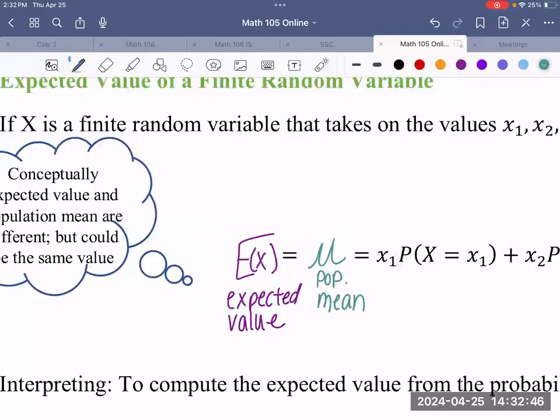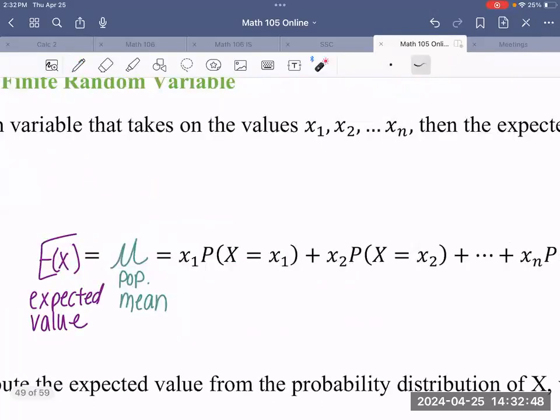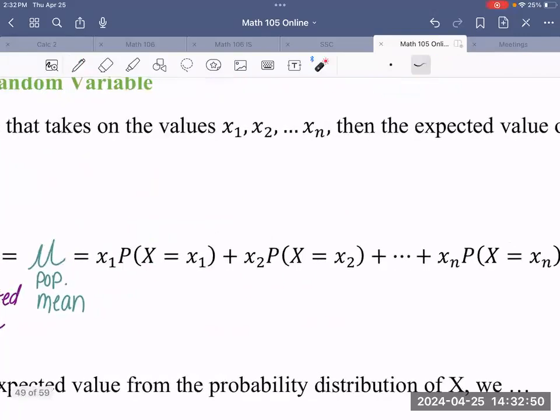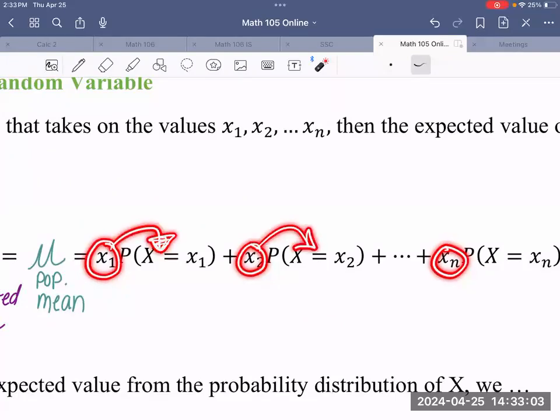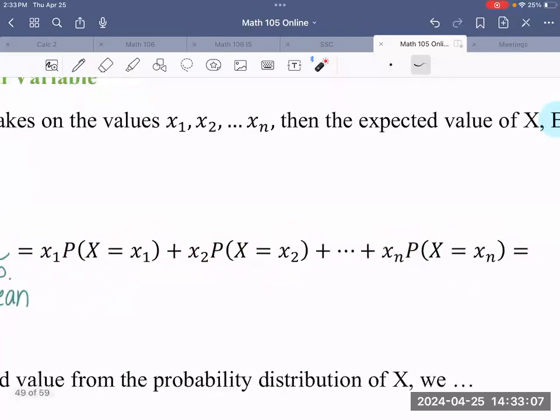Now this has its own equation, right? So pause and see if you can determine what the equation is actually telling us to do. Well, it's telling us that we're going to take your X values and multiply each by its own probability, and then add them all up together.